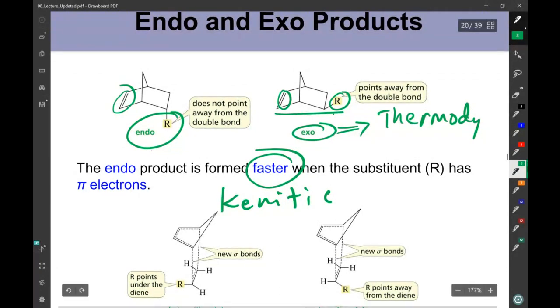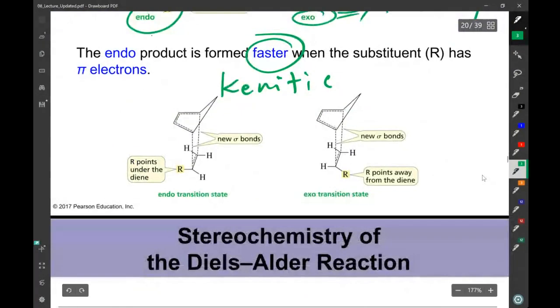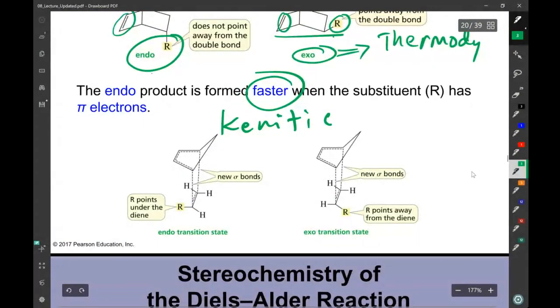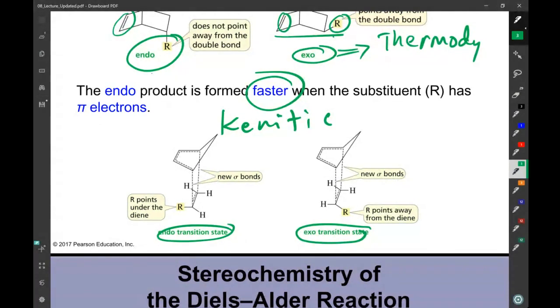Now, why does the endo product form faster? That's the question. If we compare the transition state of the endo versus the transition state of the exo, this is just for your explanation, for appreciation. I don't expect you guys to draw this. I will never ask you to draw this thing.